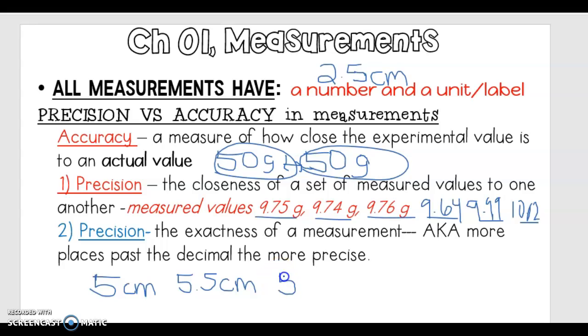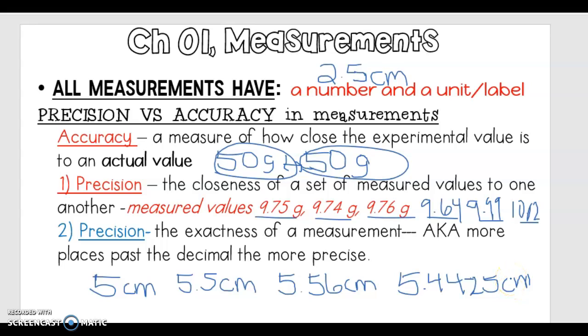If I have a value that is 5.56 centimeters, now I'm getting even more information about my measurement, and I'm getting more precise. If I have a measurement that's 5.425 centimeters, I have even more information and I even have more precision in my measurements.